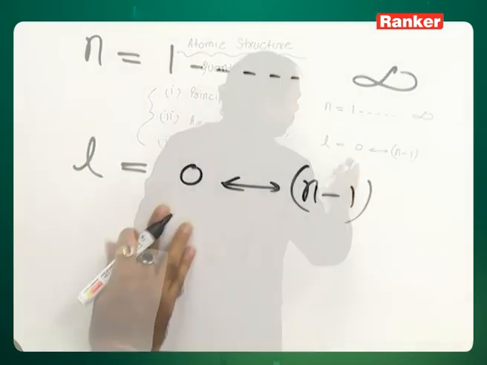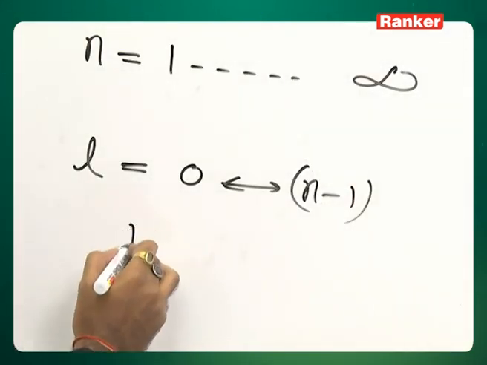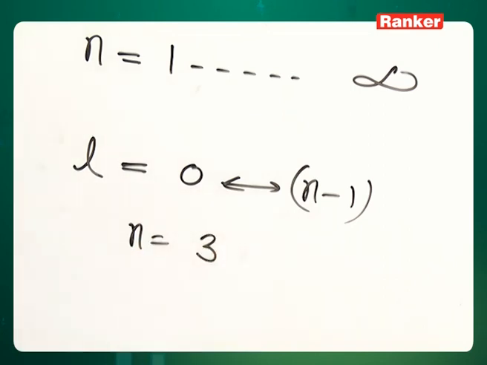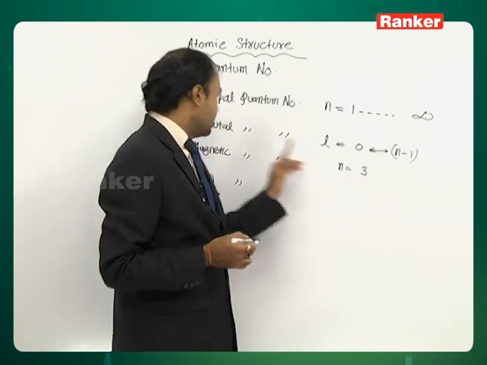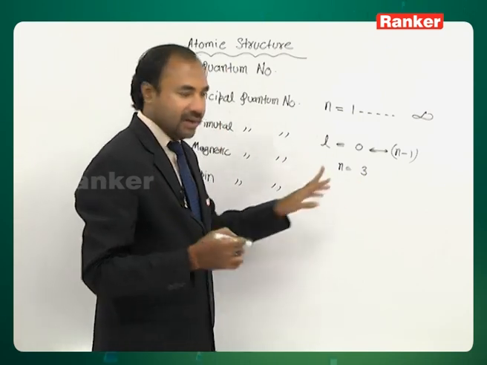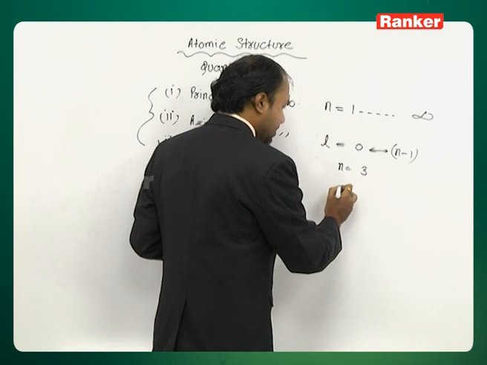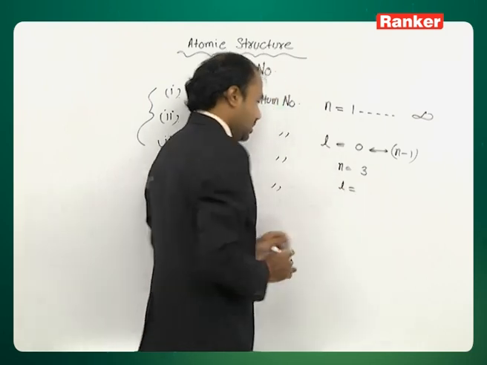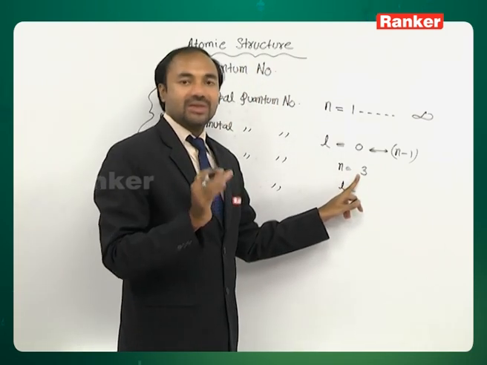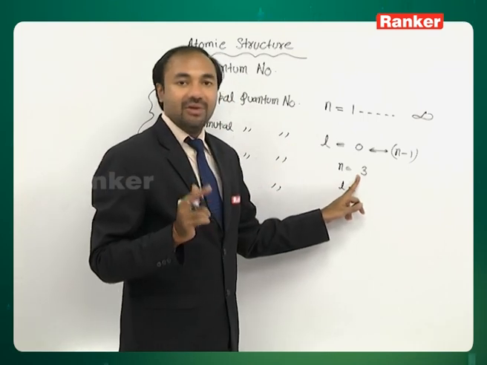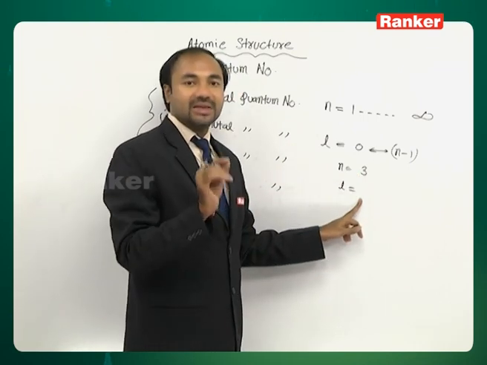Suppose we have n equal to 3, one particular electron is present in the third shell. As per the quantum numbers, we will have 3 subshells. In a shell, we will have the same number of subshells as the shell number.